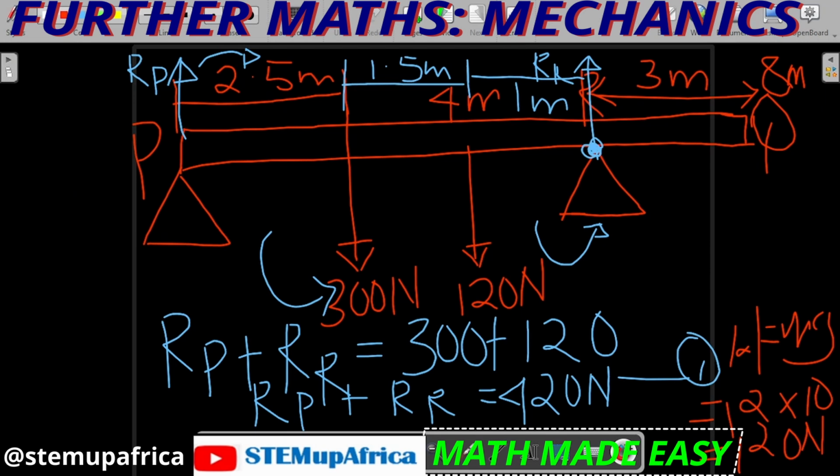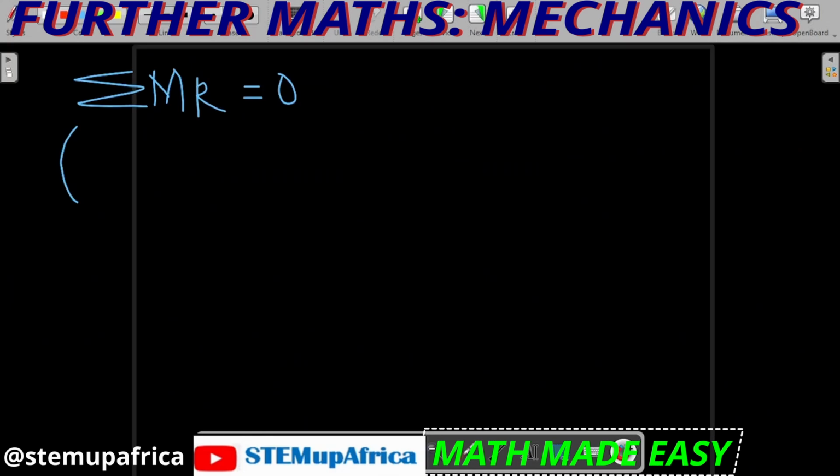If I have a system like this, this is clockwise, going in the opposite side, this is anti-clockwise. So you can see the 120 is anti-clockwise, the 300 is anti-clockwise, while your RP is clockwise. For the anti-clockwise, there will be a negative value, while the clockwise will be a positive value. With that in mind, let's see what we have.